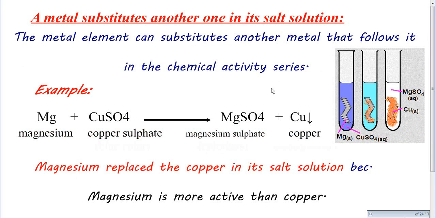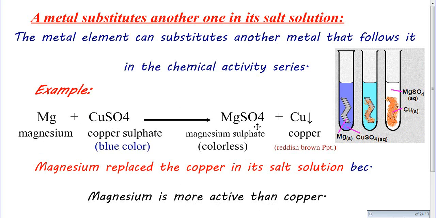The first equation in this example: magnesium plus copper sulfate. Copper sulfate has a color. What is the color of copper sulfate? Excellent, blue. Magnesium can replace copper in its salt solution because magnesium precedes copper in the chemical activity series, or magnesium is more active than copper.